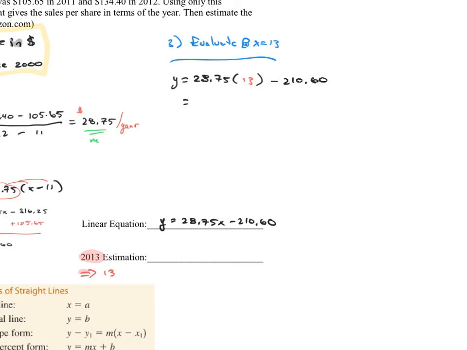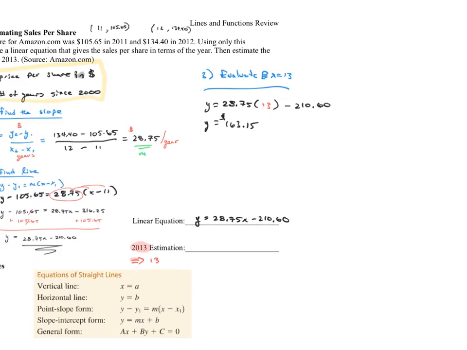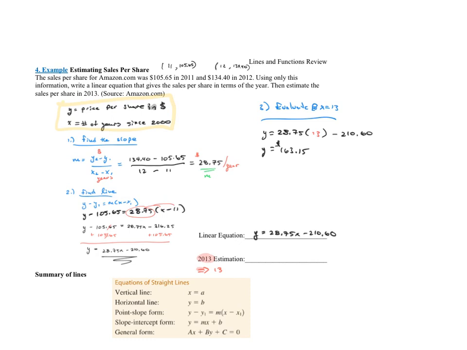Plug that into your calculator and let's see what you're getting. I'm getting a total of 163.15. And again, y here is the price, the cost of the dollars in shares. So if this trend continues, if they change at the same rate of change from 2012 to 2013, which is not guaranteed, we don't know, but we're going to use the model from 2011 and 2012 to predict what will happen in 2013.